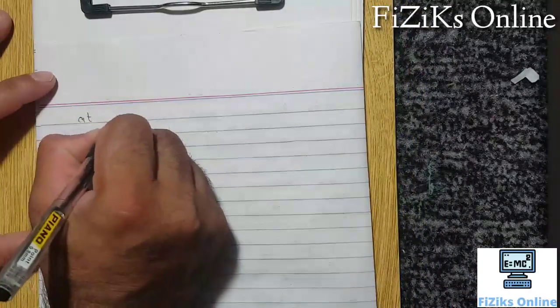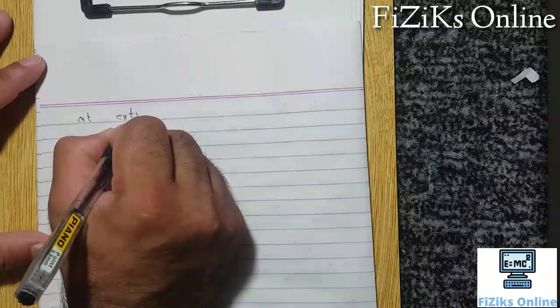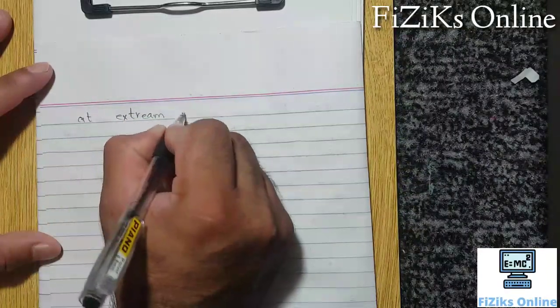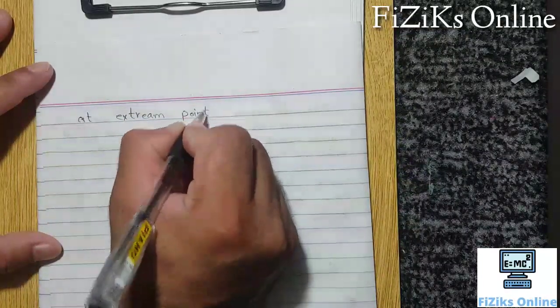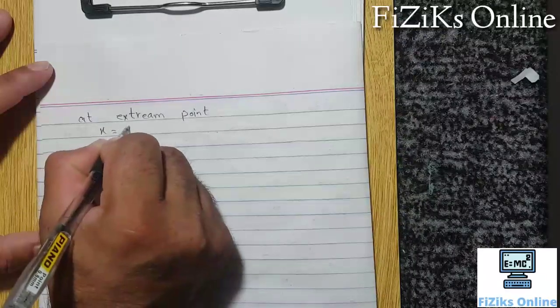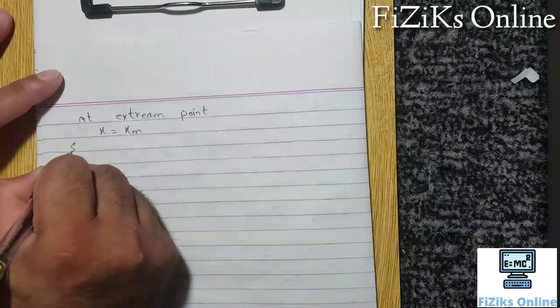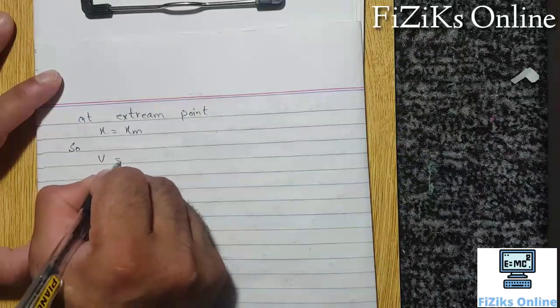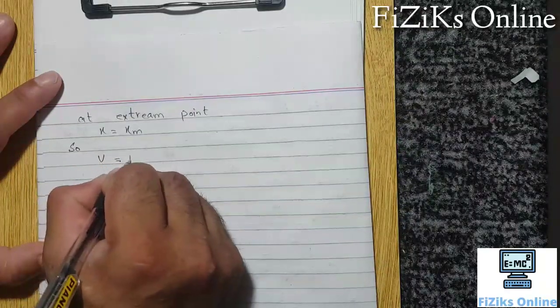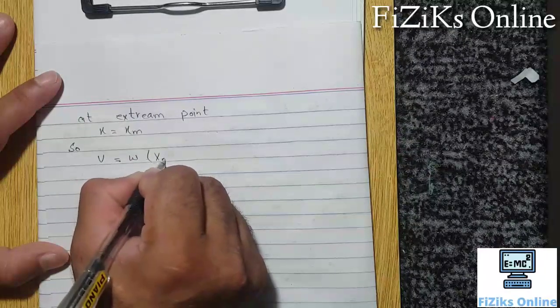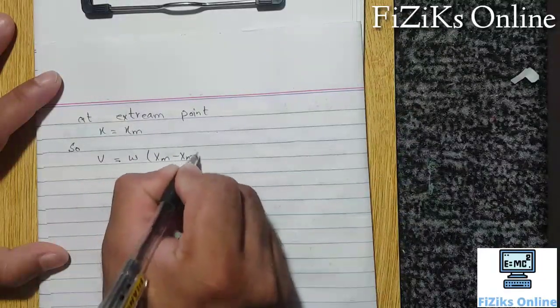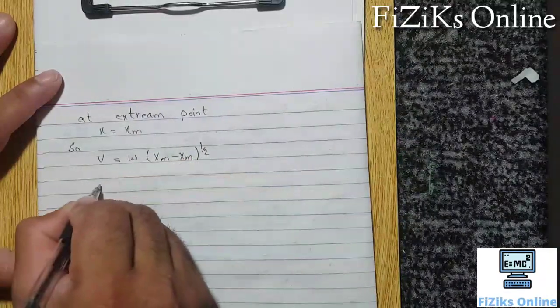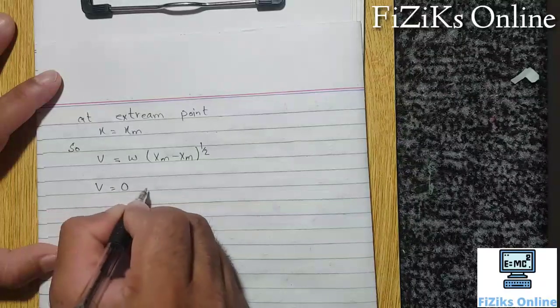At the extreme point, x equals xm, so v equals omega into (xm minus xm), v equals 0.